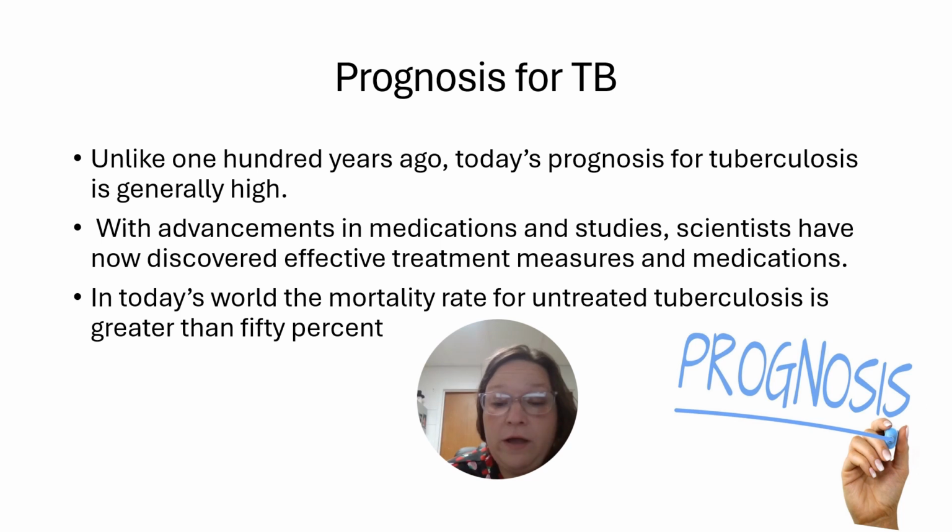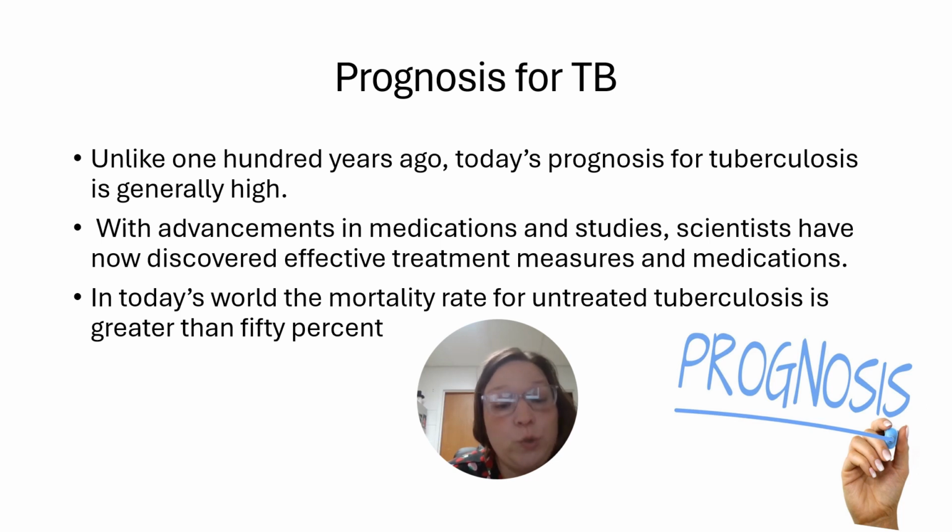A hundred years ago, prognosis was a lot worse than it is today. We had just gotten the discovery of penicillin in the 1940s and 50s region. Until then, we didn't have any forms of cure for tuberculosis, but now in today's world, the mortality rate is very low.